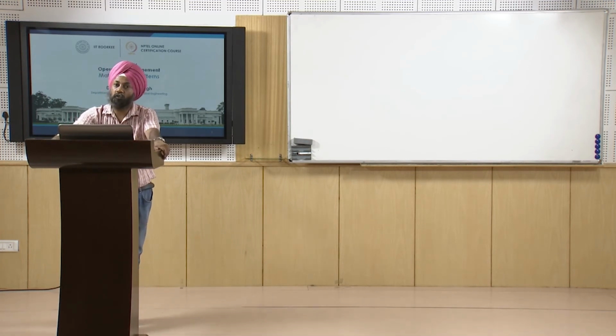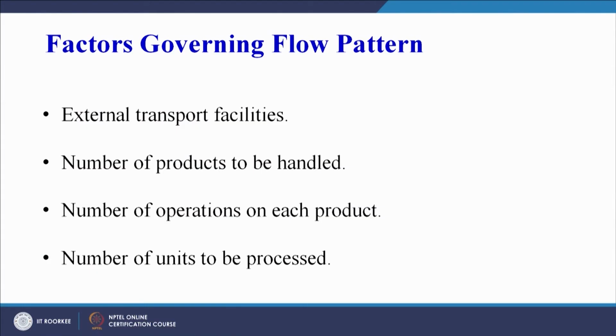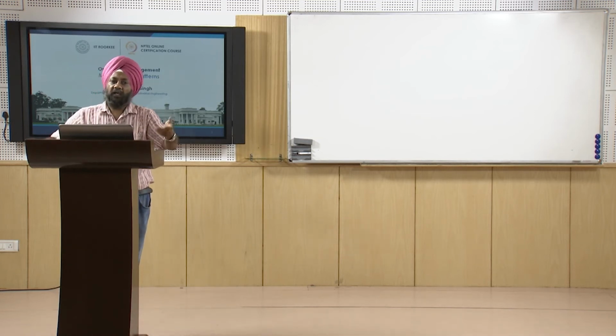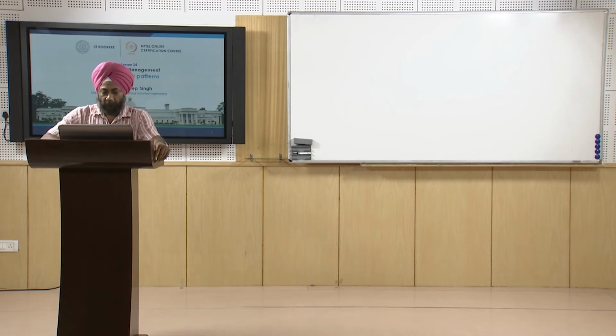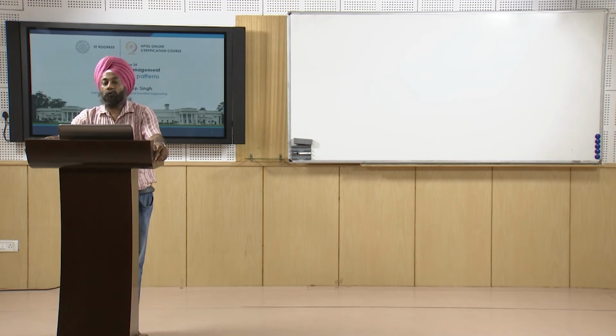The number of operations on each product is also important, that is, on each product what is the total number of operations that we are performing. Number of units to be processed, I think number of products and units are one and the same thing. The number of sub-assemblies made up ahead of the assembly line is also very important.